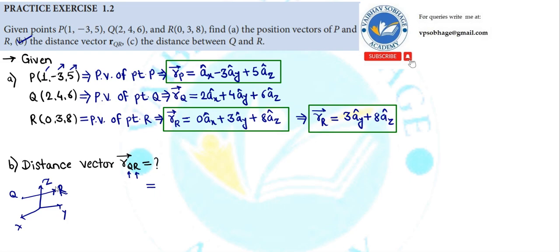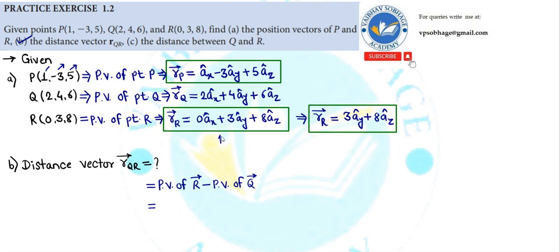Okay, so we will find that distance vector for this numerical. So your distance vector RQR is what? That will be the distance in between the final point, that is vector R, and its initial point, that is vector Q. So what is the position vector for your given vector R that we have over here? You can refer to this one.